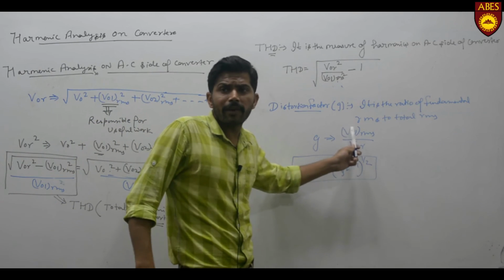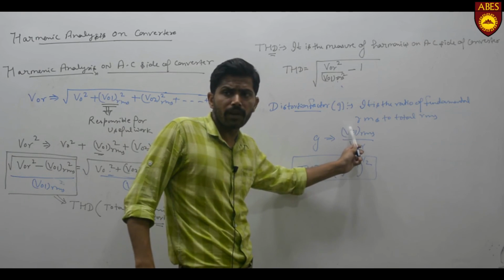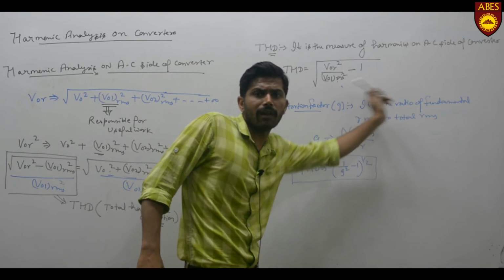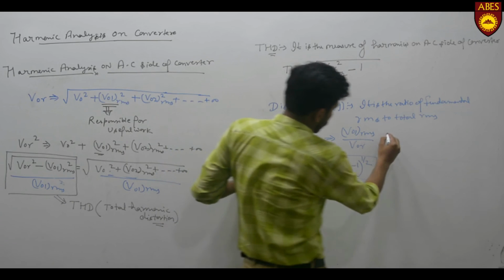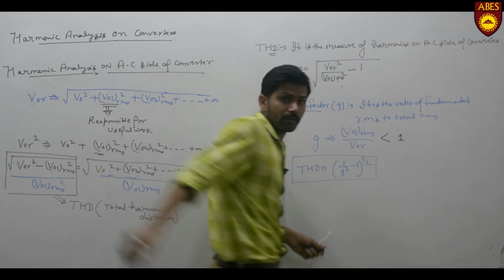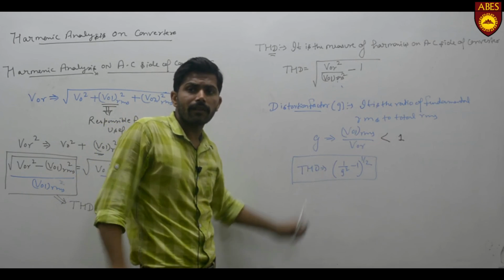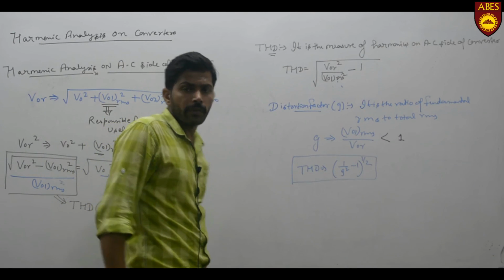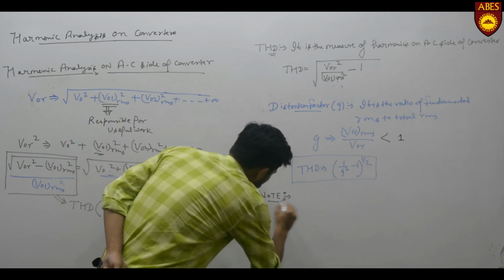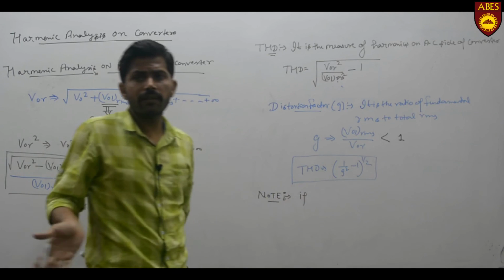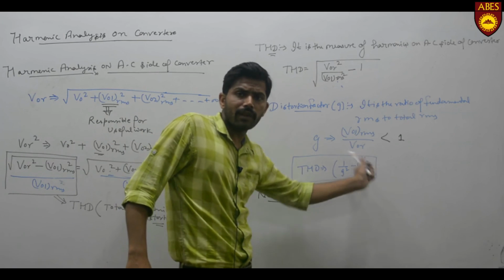If we look at that expression, the total RMS is the sum of the average value plus the fundamental component, and similarly the second harmonic, third harmonic up to the nth harmonic. So the G value is always less than 1. If G is less than 1, THD is always greater than 0 for an AC waveform. Now if G is increasing and approaching unity, then THD is 0 on the AC side of the converter.